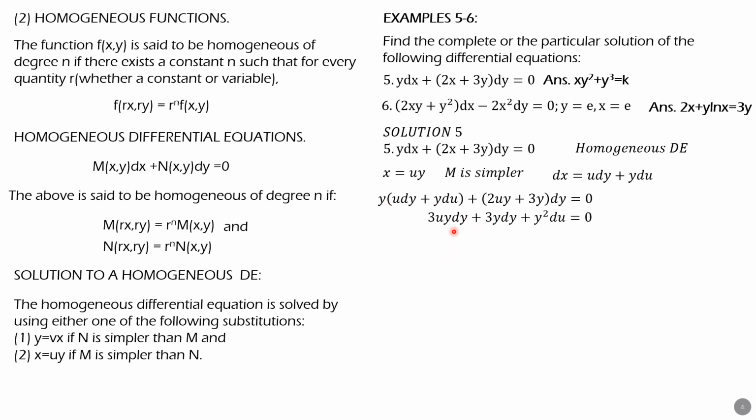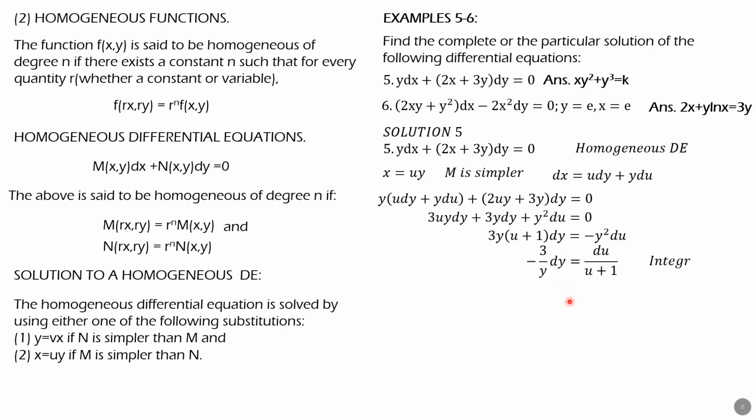So for dy, we factor out 3y and we'll have 3y times quantity u plus 1 dy, then transpose this to the right, negative y squared du. Then we cancel y and, separating the variables, we have negative 3 over y dy equals du over u plus 1.